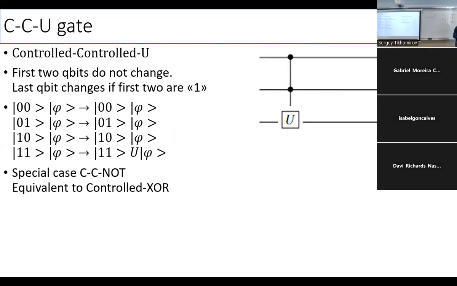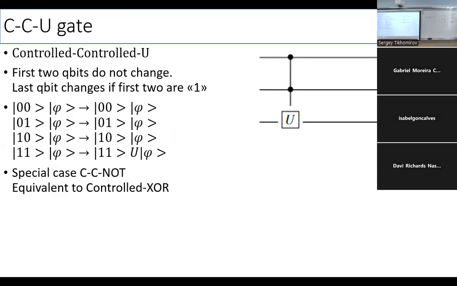The feature is that this operator is equivalent to an operator which is very important in classical computations, the controlled XOR operator. If I write the classical operator in the notation of quantum bits, I put XOR here.